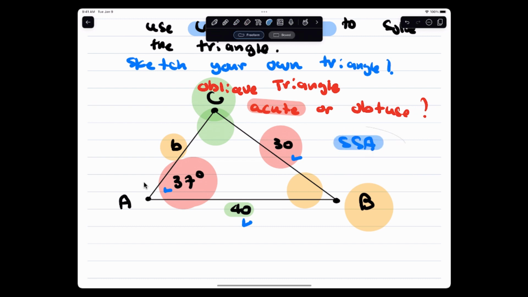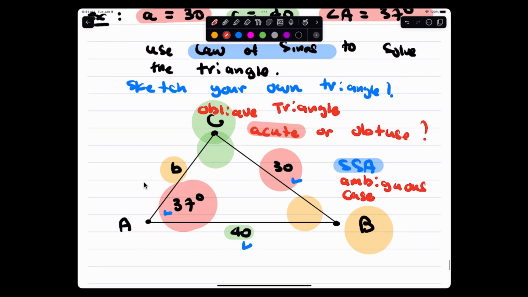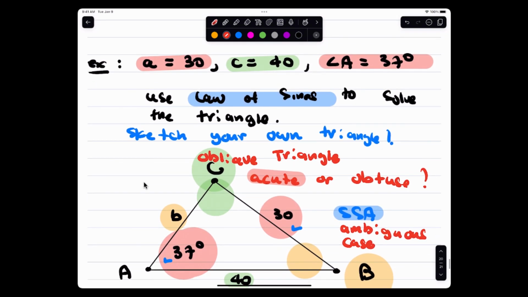Side, angle, ladies and gentlemen, this is known as the ambiguous case. So I have to be aware of that, right? They may give you words, ladies and gentlemen, and if they do, all righty. We can solve these triangles.